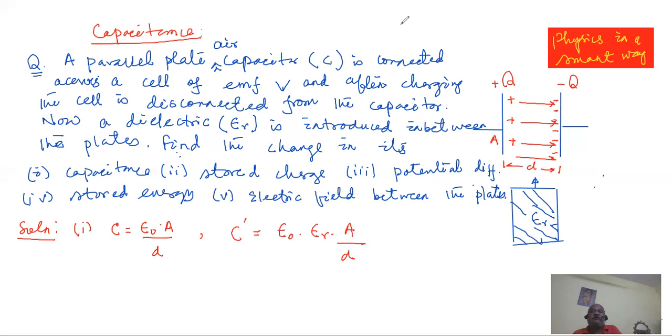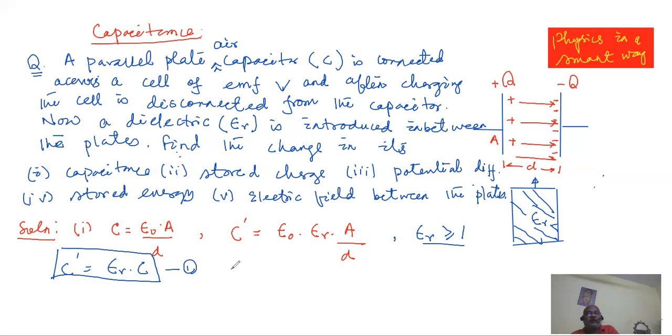So as you can clearly see, the value of the capacitance is going up, since epsilon r is usually greater than 1. The lowest value is 1. So our conclusion is that the capacitance will increase to epsilon r times, or C dash will be epsilon r into C, where C is the initial capacitance.